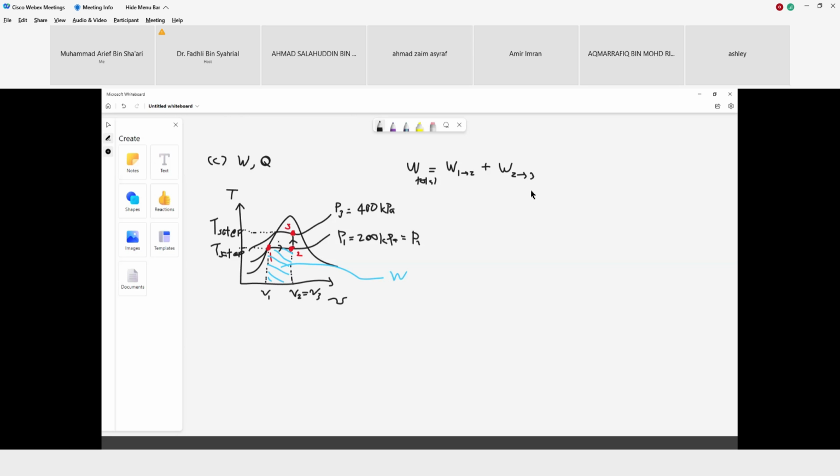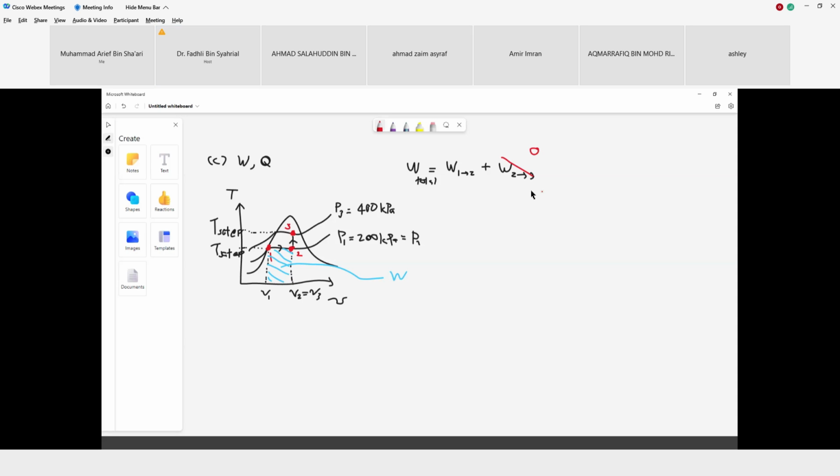We look at our PV diagram. The boundary work for process number 2 to process number 3 value is 0. Kosong, kosong. So this one equal to 0. Because this is a constant volume, isochoric process, the boundary work is 0.